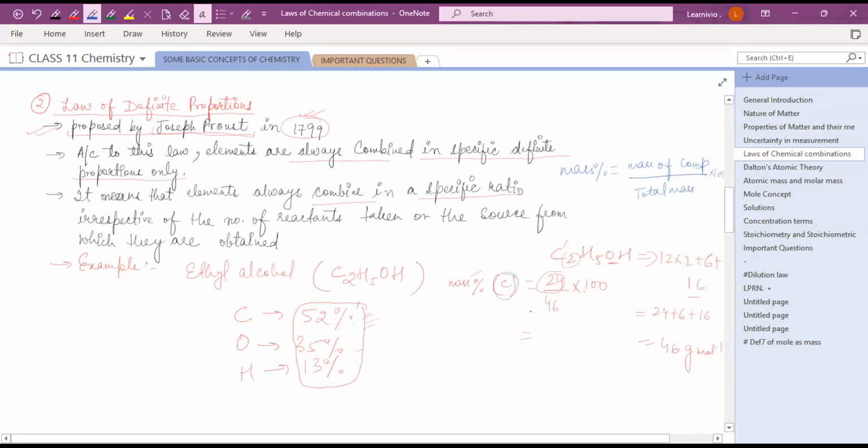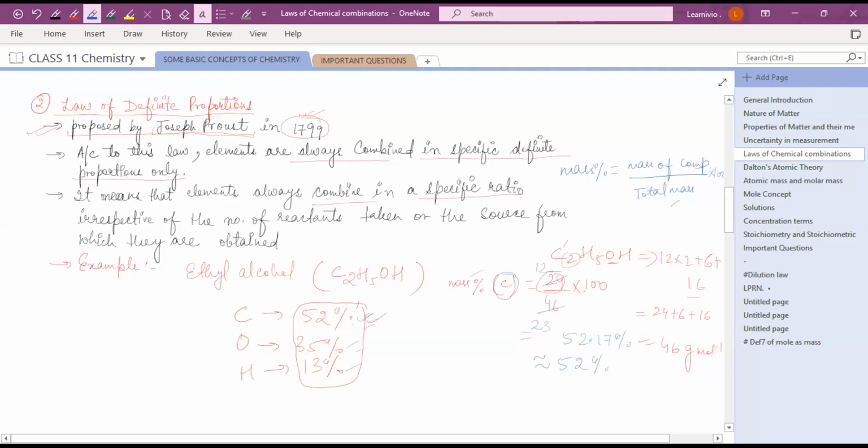So 12 into 2 divided by the total mass, 46, into 100. When you calculate this, you will get something like 52.17%, so you can take the approximate value as 52% only. That's how this carbon composition came. You can similarly calculate the mass percent for oxygen and hydrogen as well. You will get the same values, 35% and 13%.